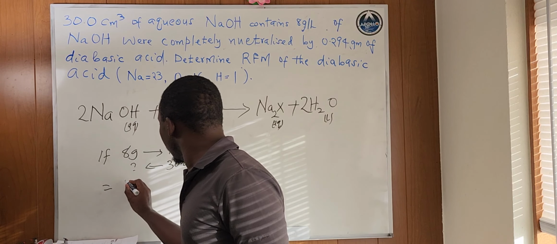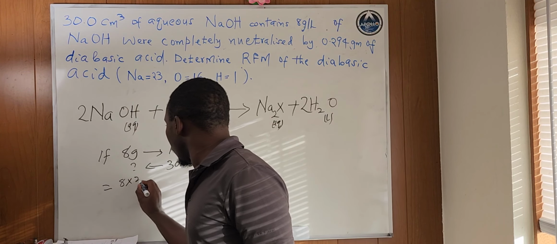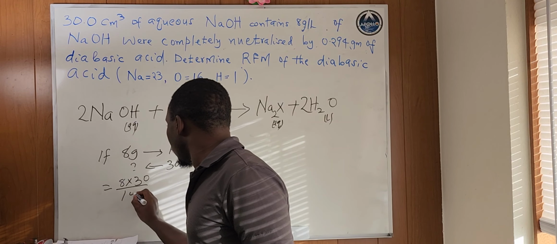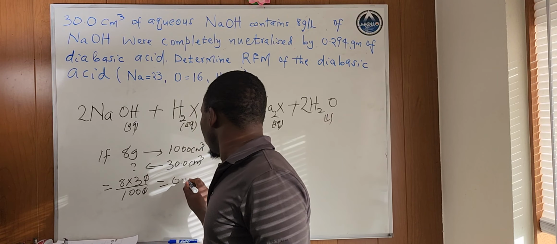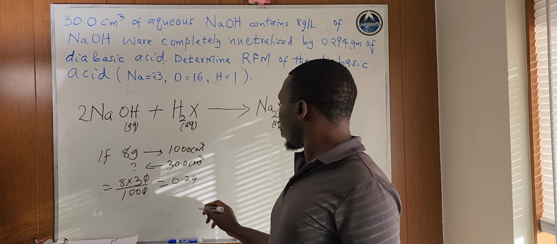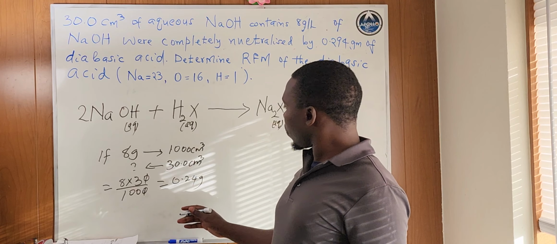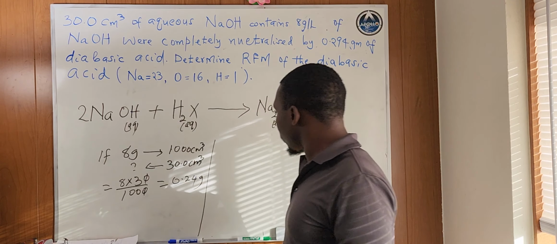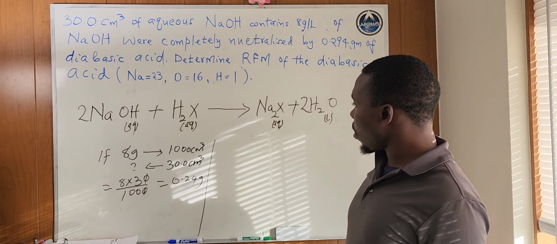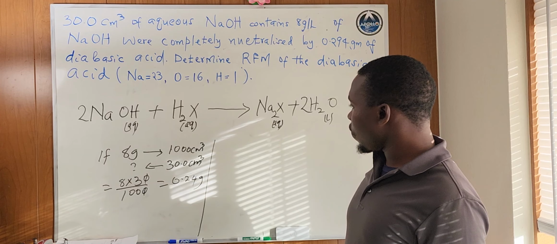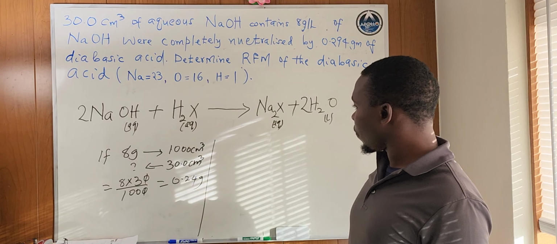This is the same as 8 times 30 over 1,000, and this gives us 0.24 grams of sodium hydroxide.